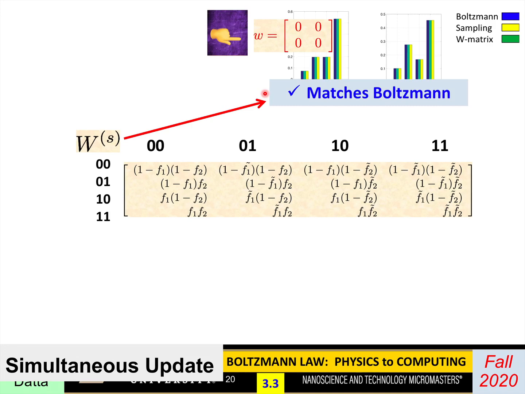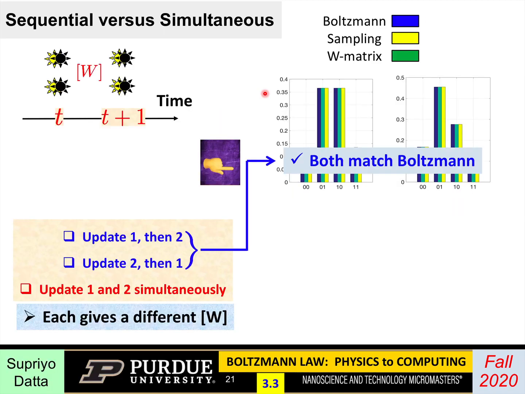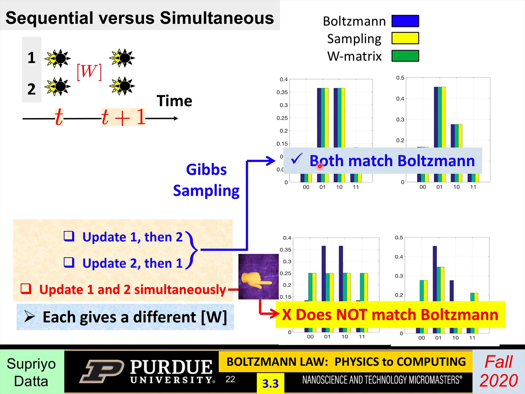Right? Now, there's one very interesting principle that I want to just talk a little bit about before finishing up. But let me just mention the facts that we know now. That is, if you do it sequentially, it doesn't matter what order you do it, they will both match Boltzmann. If you do it simultaneously, it will not match Boltzmann.